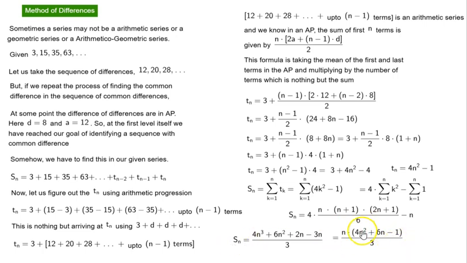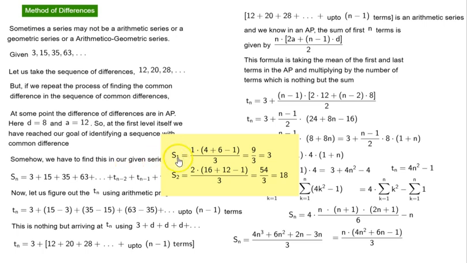Now let's verify this. We have S sub 1 equal to, just blindly substitute n with 1. So 1 times 4 plus 6 minus 1, divided by 3, that is 6 plus 4 is 10, minus 1 is 9, 9 by 3, which is equal to 3. And we do have 3 in the series.